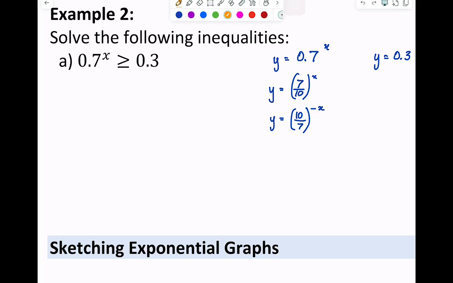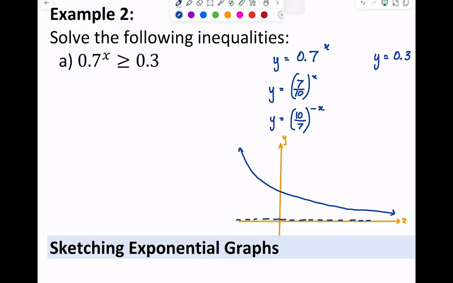So if I do sketch up a set of axes here, I just want to show you that our graph actually looks like this. It's a base of 10 over 7. So because we have a reflection in the y-axis, that's what it's going to look like.